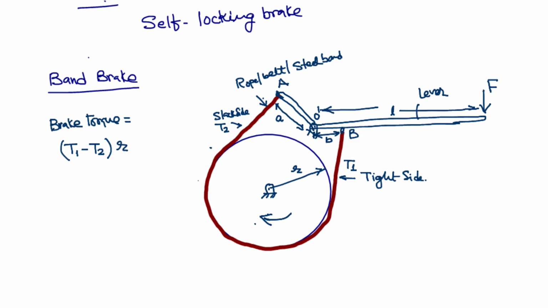If the brake drum rotates in the anti-clockwise direction, then this side becomes the tight side of the belt, T1, and this is the slack side, T2.